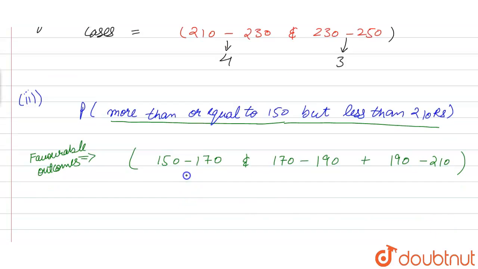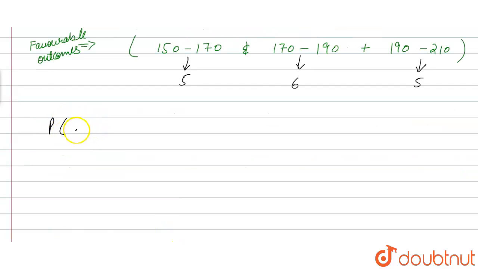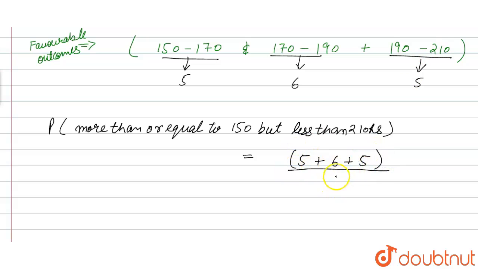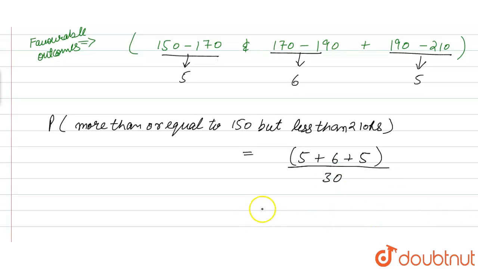So the probability that the worker's wage is more than or equal to 150 but less than 210 rupees is: favorable outcomes are 5 plus 6 plus 5 workers who fall in this range, and we have 30 outcomes in total. 5 plus 5 is 10 and 10 plus 6 is 16, upon 30.